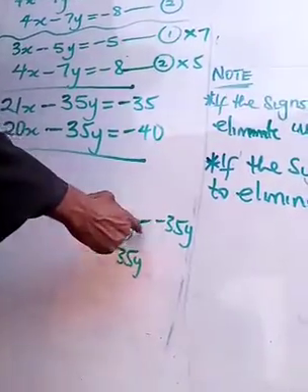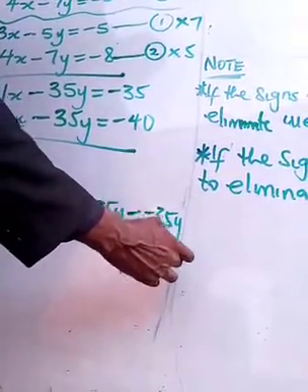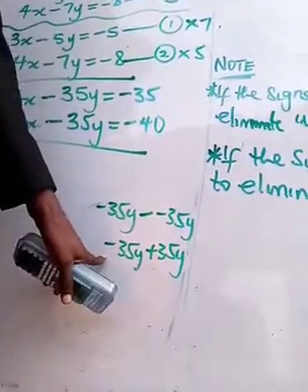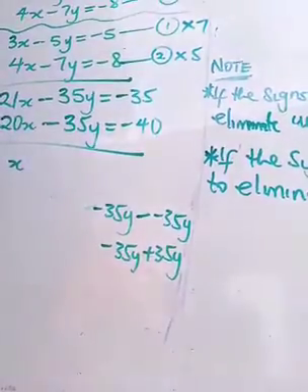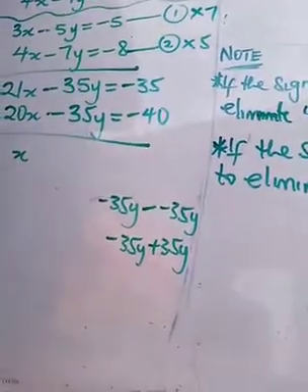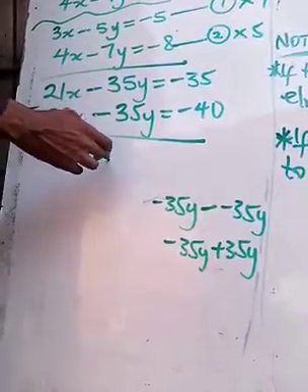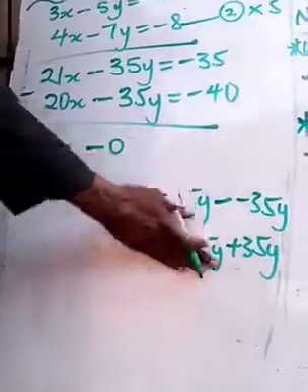The signs are close, so minus times minus is plus 35y. So minus 35y, you are owing somebody 35y, plus 35y, you have 35y. You can pay all what you are owing. If you pay everything, you have nothing, so this will be 0. You can put minus 0 or plus 0, it does not matter.